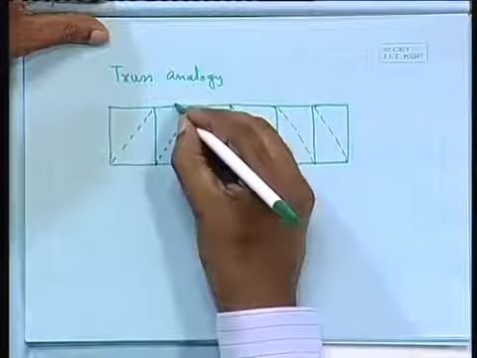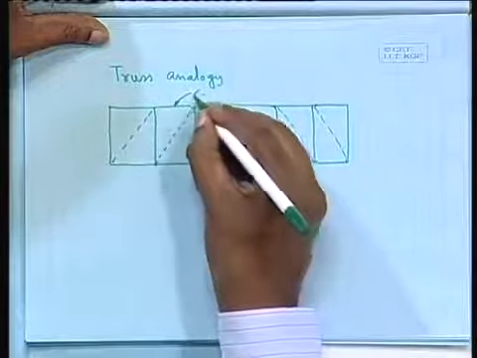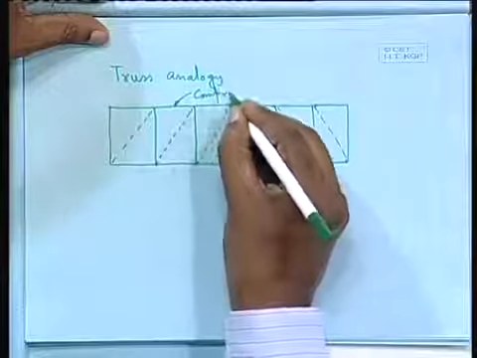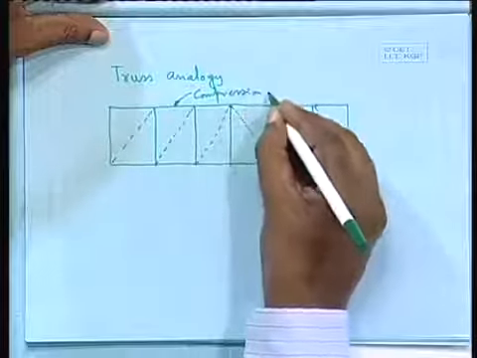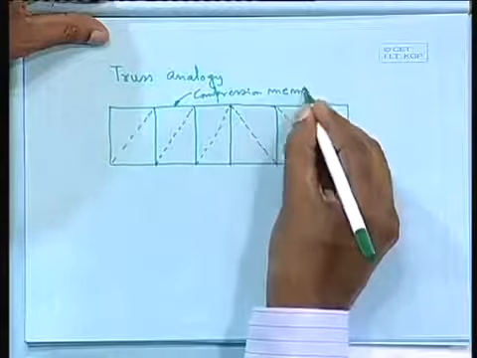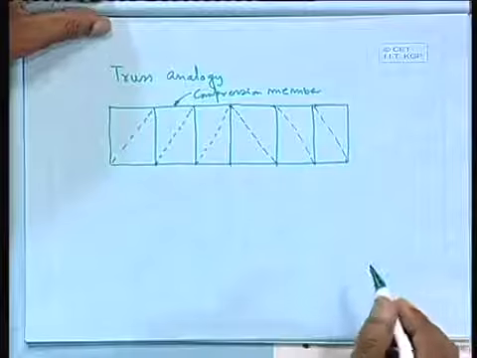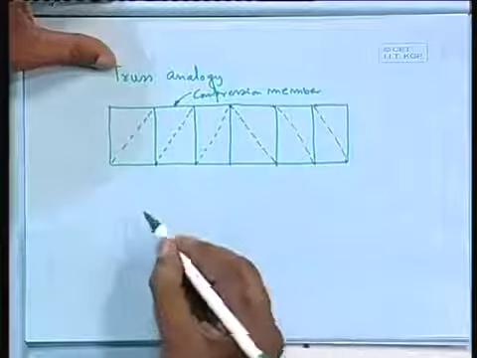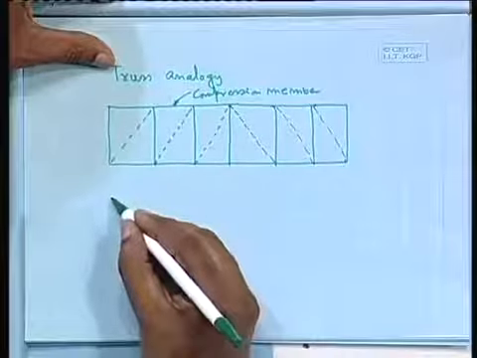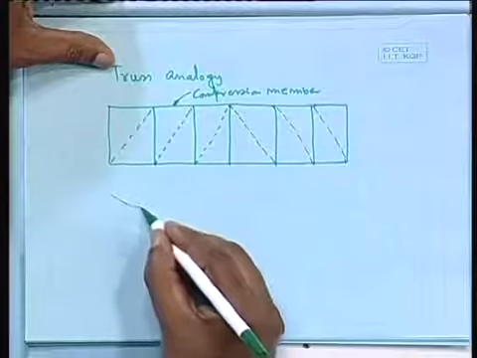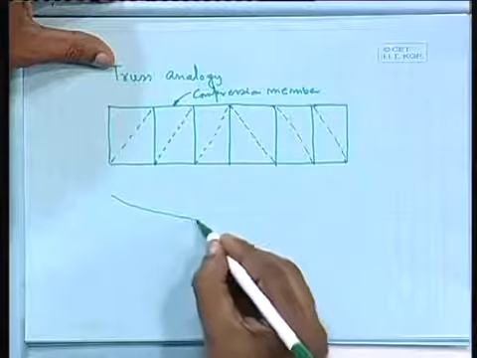So, this is your compression member. If it happens, we can find out this way. Let us say it bends like this.